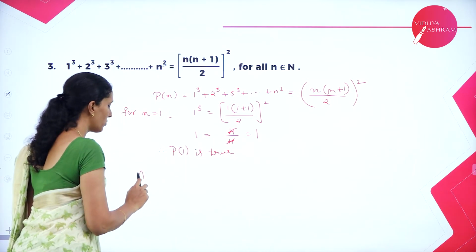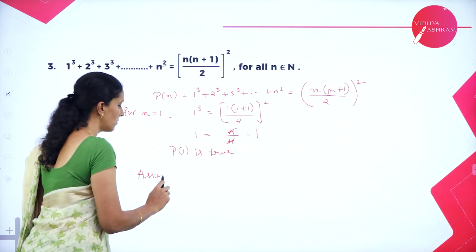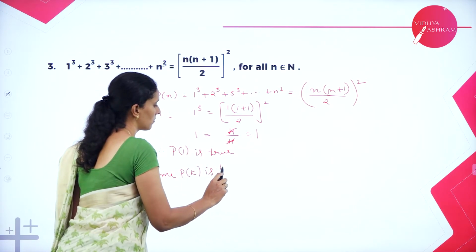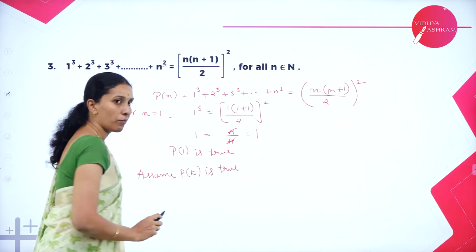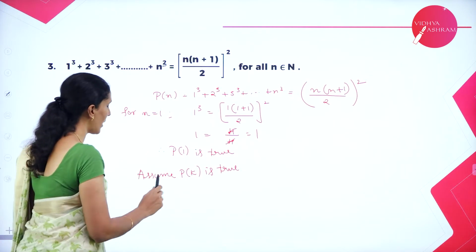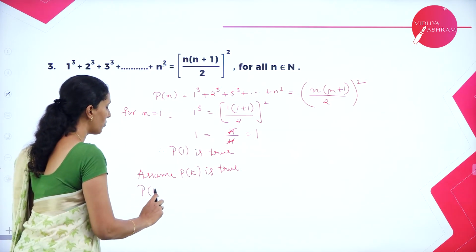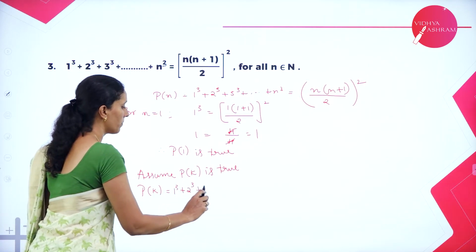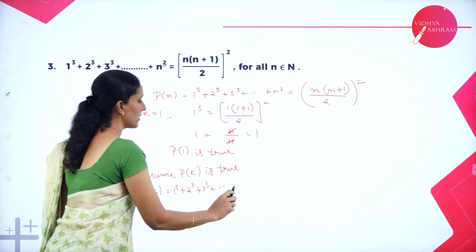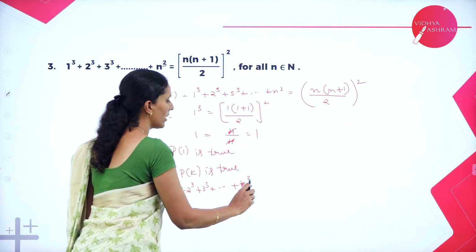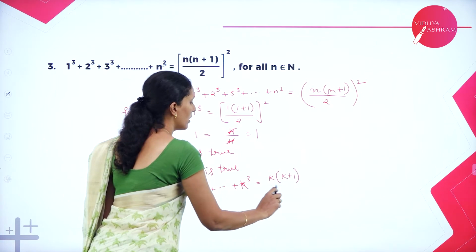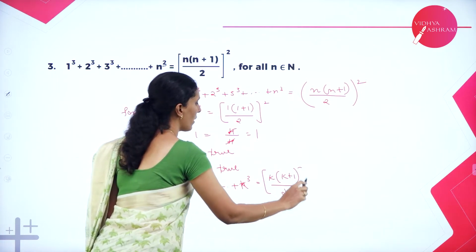So next, assume P of k is true. If P of k is true, how should we write the statement? We have to write P of k is equal to 1 cube plus 2 cube plus 3 cube plus etc. plus k cube is equal to k into k plus 1 divided by 2 whole square.